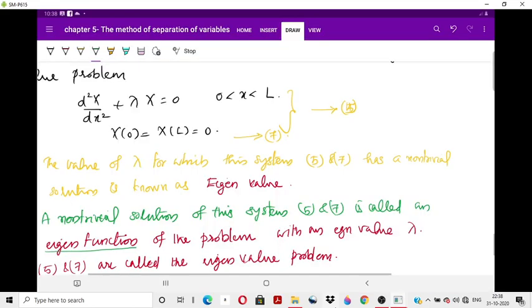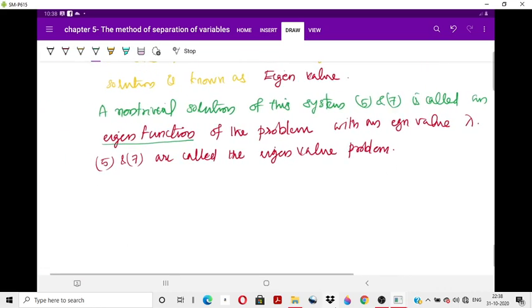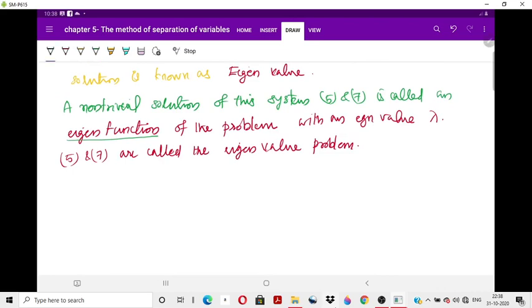Before moving to the solution, we assume that lambda is real.